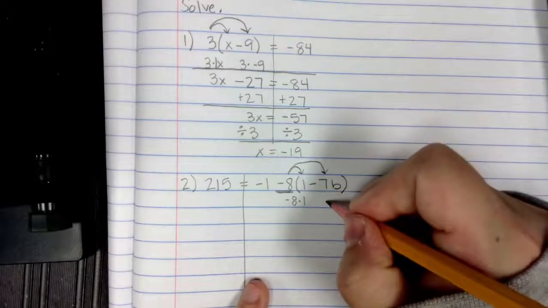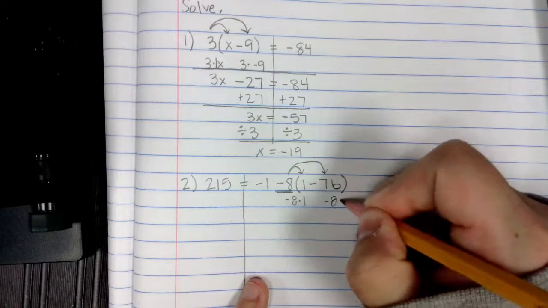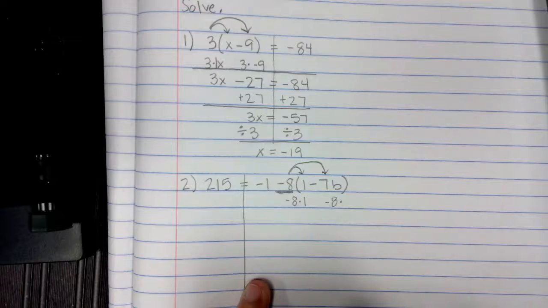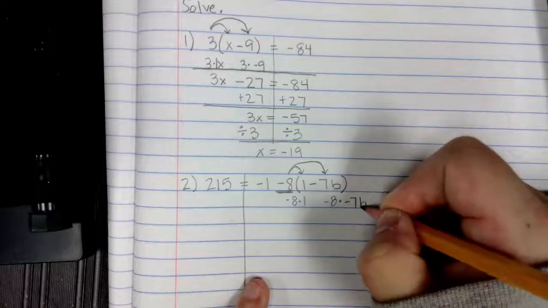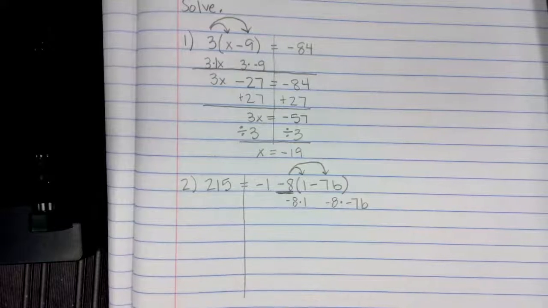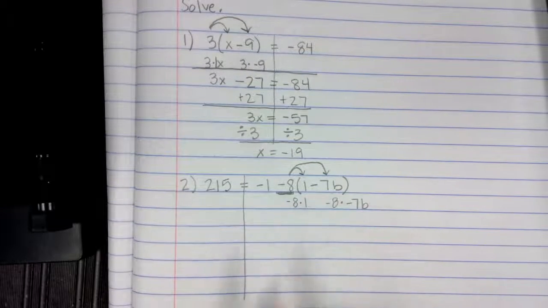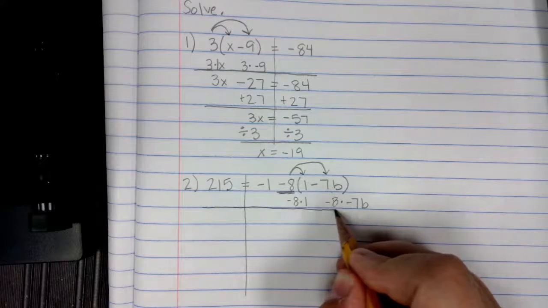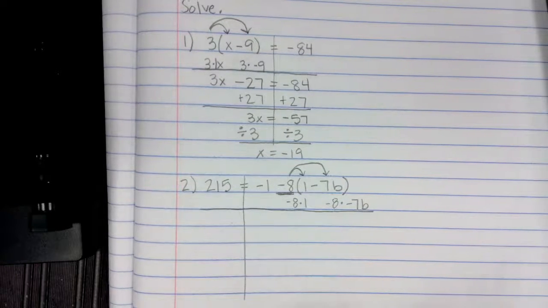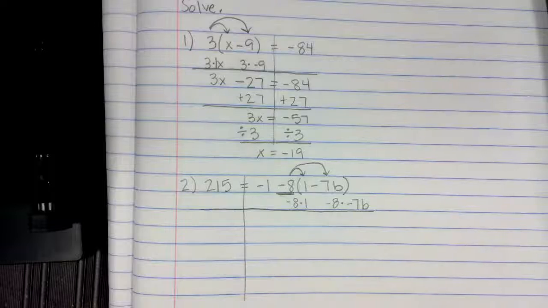And we're going to do negative 8 times what? Close. Negative 7b. That minus sign goes with that 7. I like to draw my line across. That tells me I have math to do. I actually have to put it in my calculator or do it in my head.